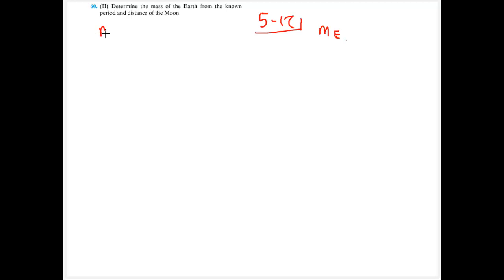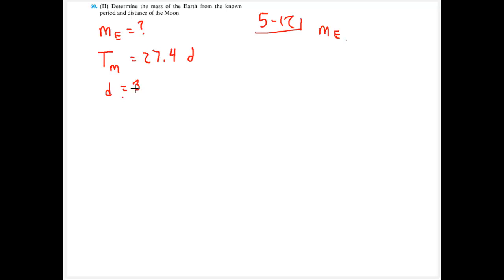So what we're looking for is what is the mass of the Earth, and you know that the period of the Moon is going to be 27.4 days, and you also can look up the distance to the Moon.